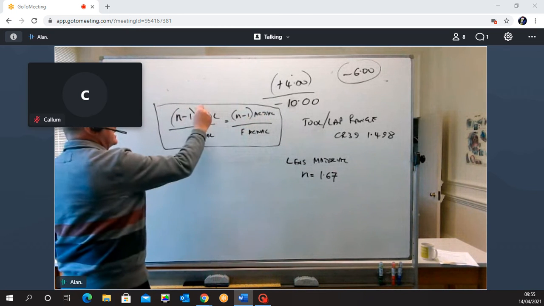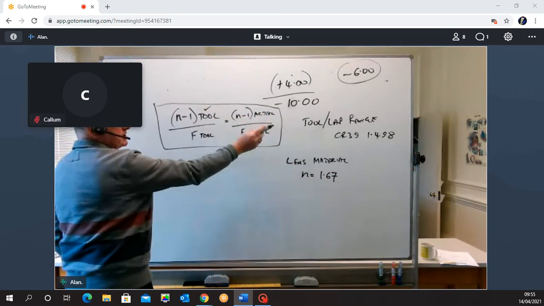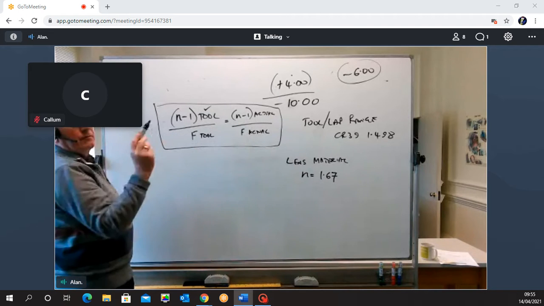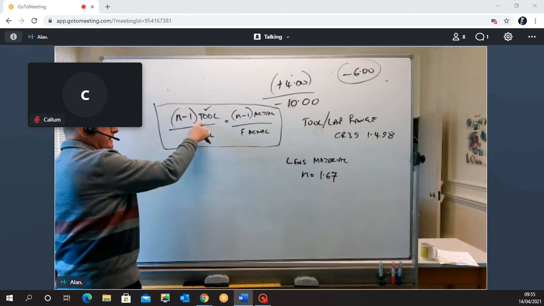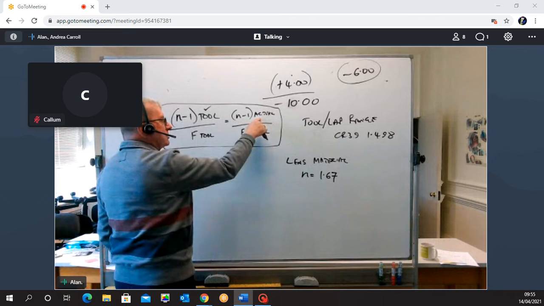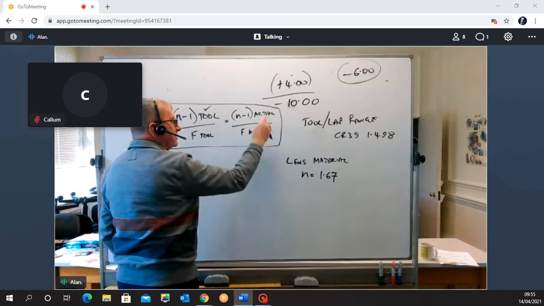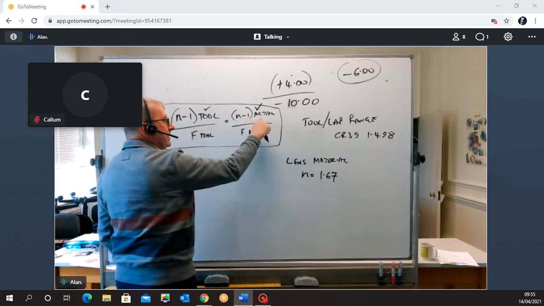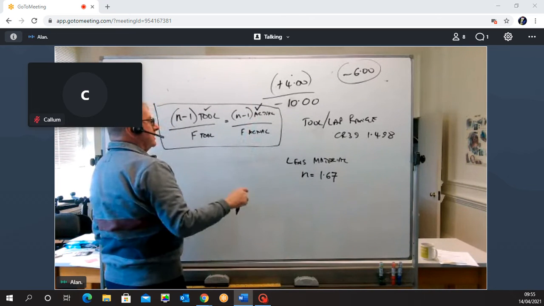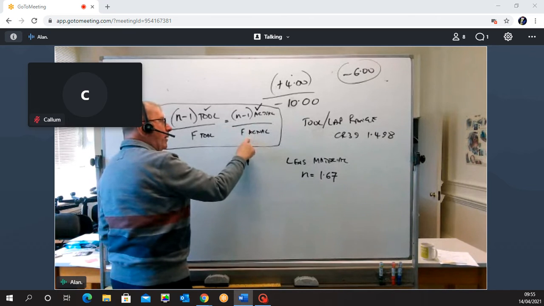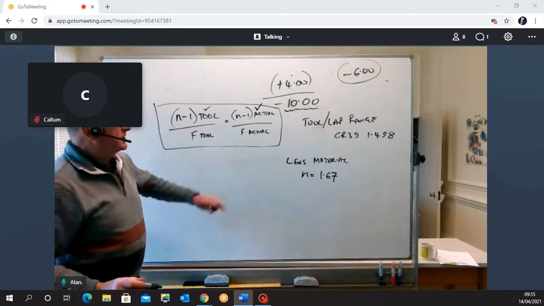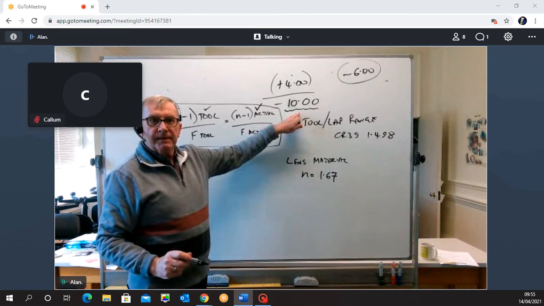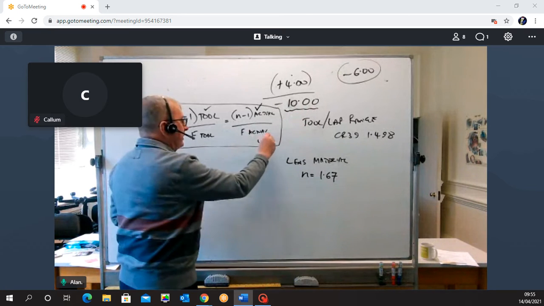Do I know the index of the tool? Yes, it's 1.498. Don't forget to take the 1 off. It's n minus 1. Do we know the actual index used? Yes, 1.67, so it's 1.67 minus 1. Do we know the actual power? Remember, it's the surface power. So in this case, it's minus 10. Yes, we know it. Agreed?